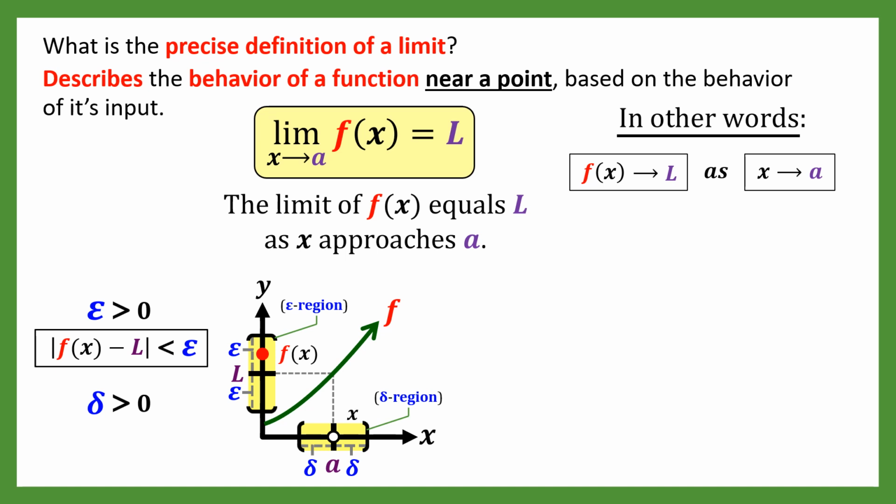Now, if x represents a value in this region, this means the absolute value of x minus a, which represents the distance between x and a, is less than delta. Since this region does not include a, this absolute value is greater than 0.